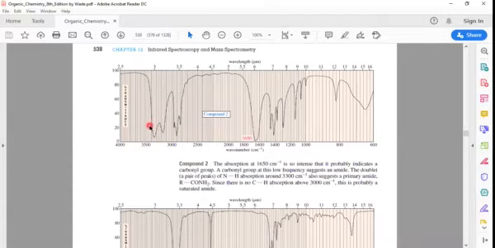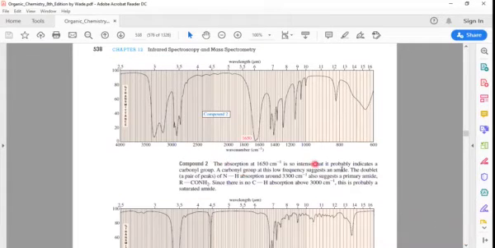There you can see a doublet in this region, around 3300, and this shows that it is a primary amide. So this and this jointly indicate, and we can infer based on this that this is an amide.